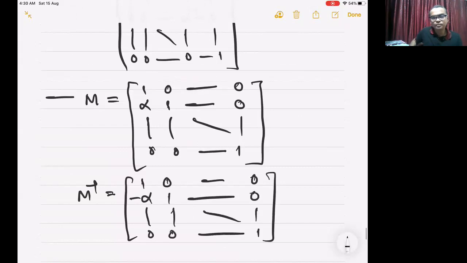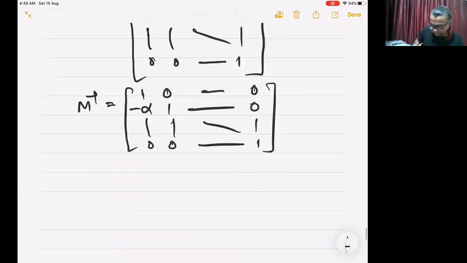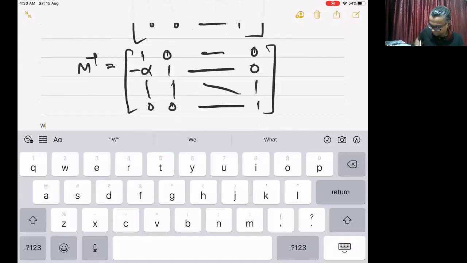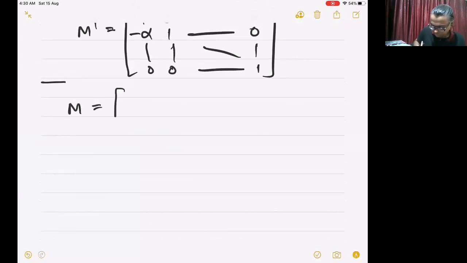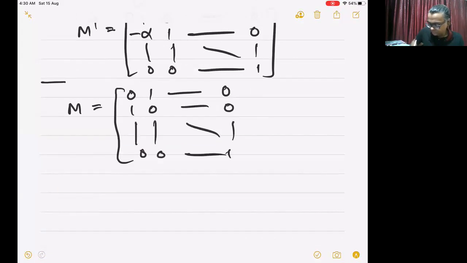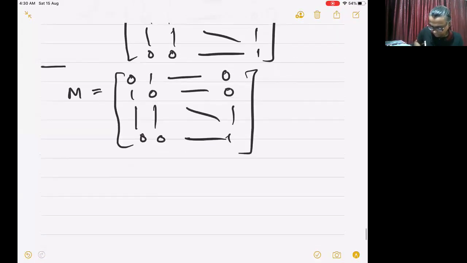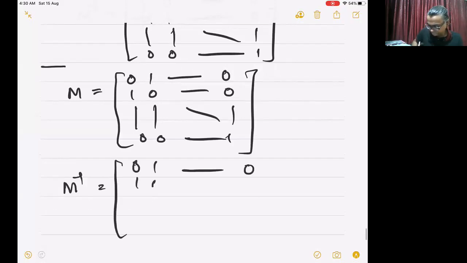And for the permutation case, where M is equal to 0, 1, 0, 1, 0, 0, then just like what they would be for an identity, M inverse is nothing but itself.